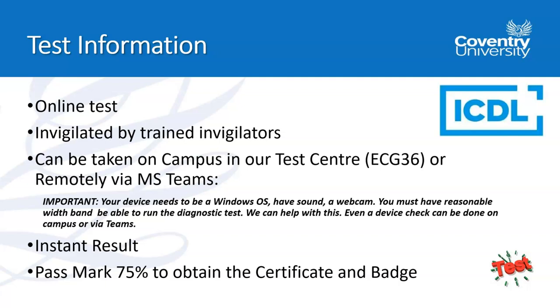If you come to our test centre in the EEC building, ECG 36, you may see it in your travels. It's a white room, a bit like a sort of medical room, but it's not, of course. And it's spaced out for this process of testing the ICDL according to regulations.